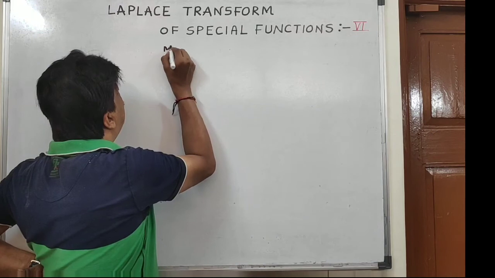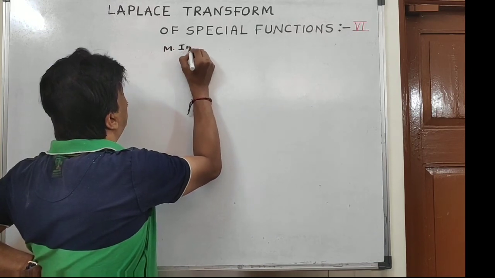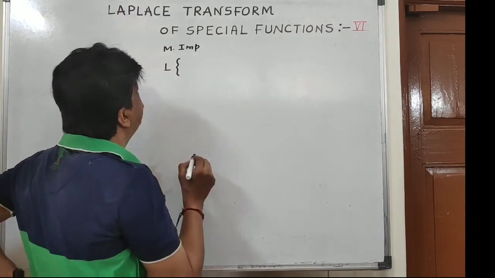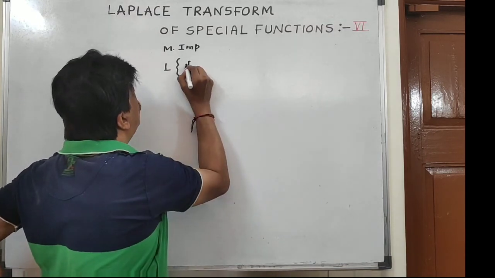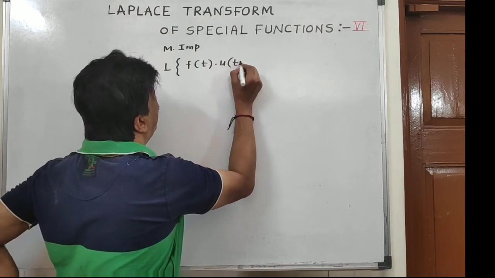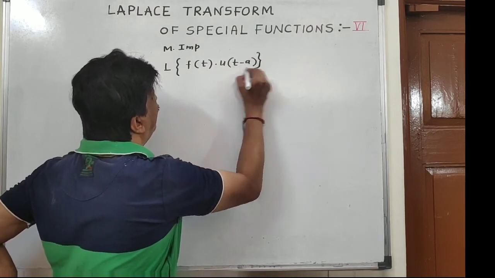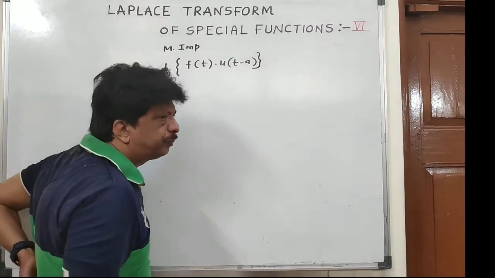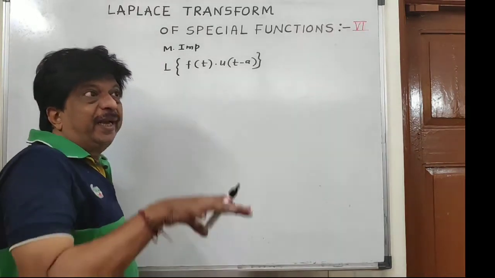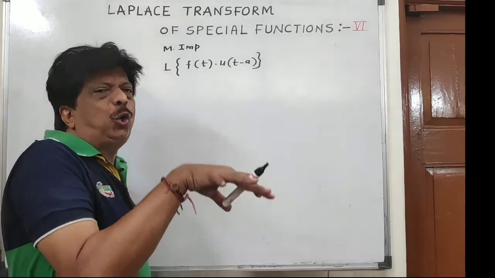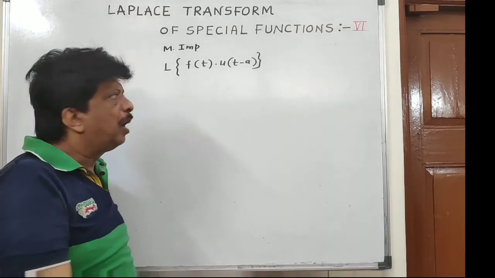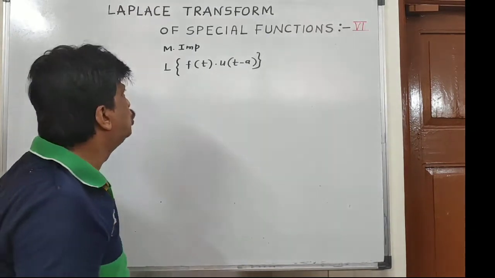Most important result: Laplace transform of f of t into u of t minus a. Let us find it out. It is equal to e raised to power minus as into Laplace transform of f of t plus a. How it comes, we shall see this now.